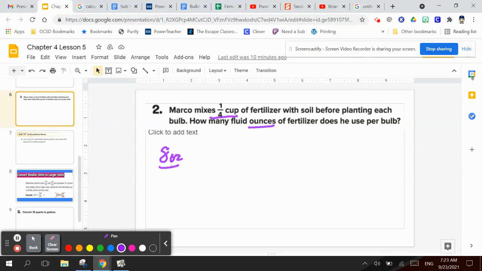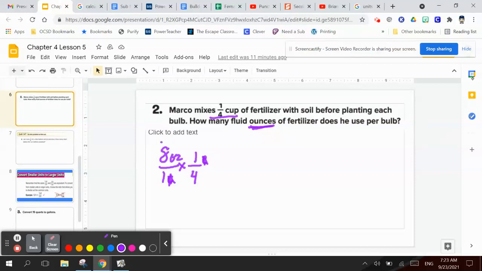8 ounces, 1 cup. And I have 1/4 cup of fertilizer. So before I multiply again, I simplify before I multiply. Take away the cups because there's cups on both sides. I want ounces.